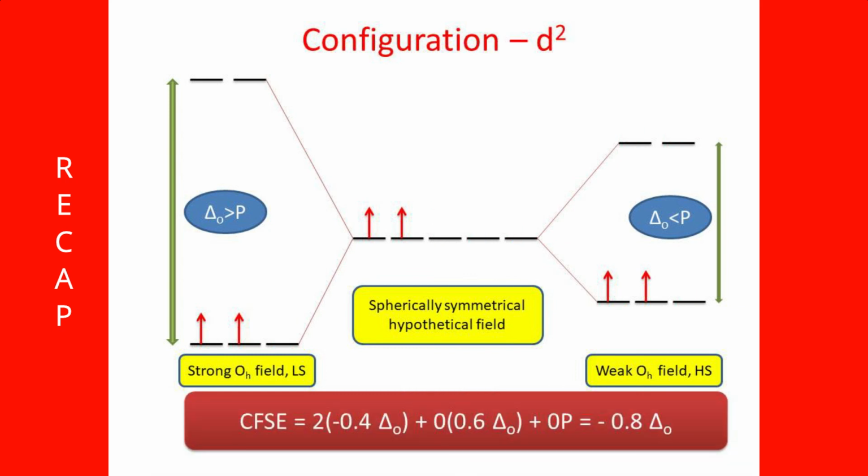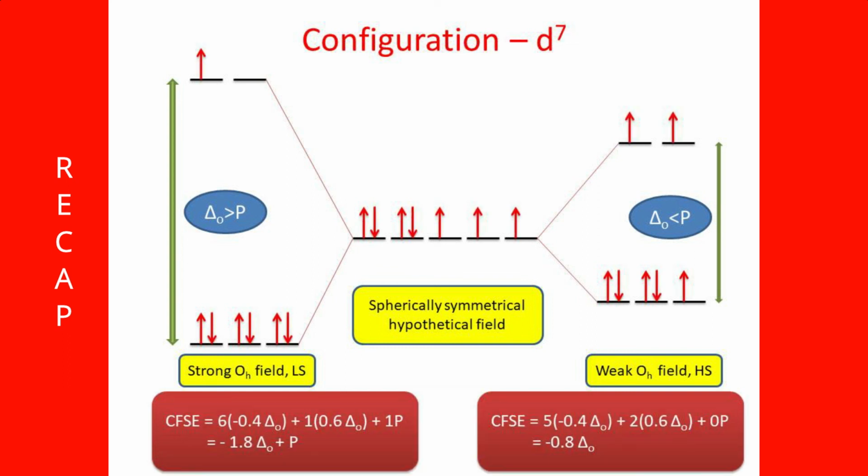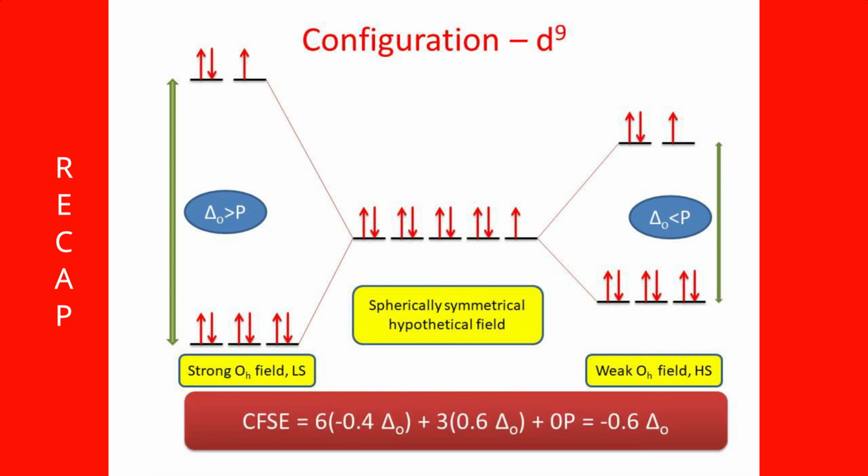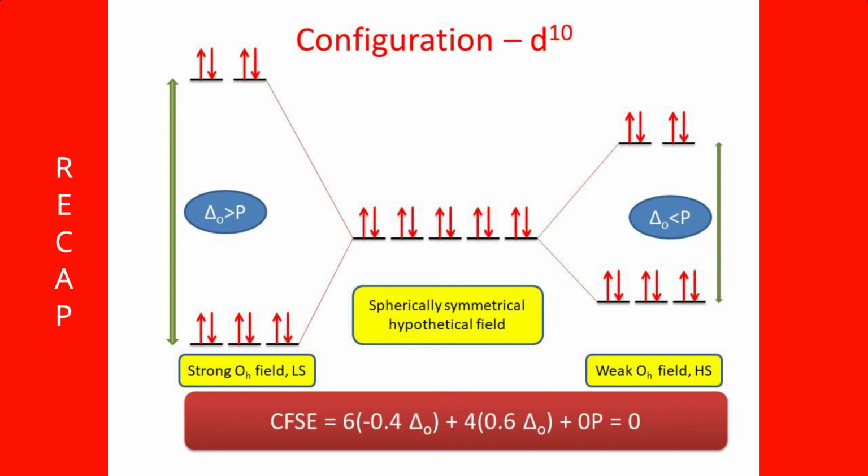If high spin and low spin electronic configurations are different, then two different calculations are shown as in the explanation. But if both cases have the same electronic configuration, it is represented once, and the calculation of CFSE is done only once.